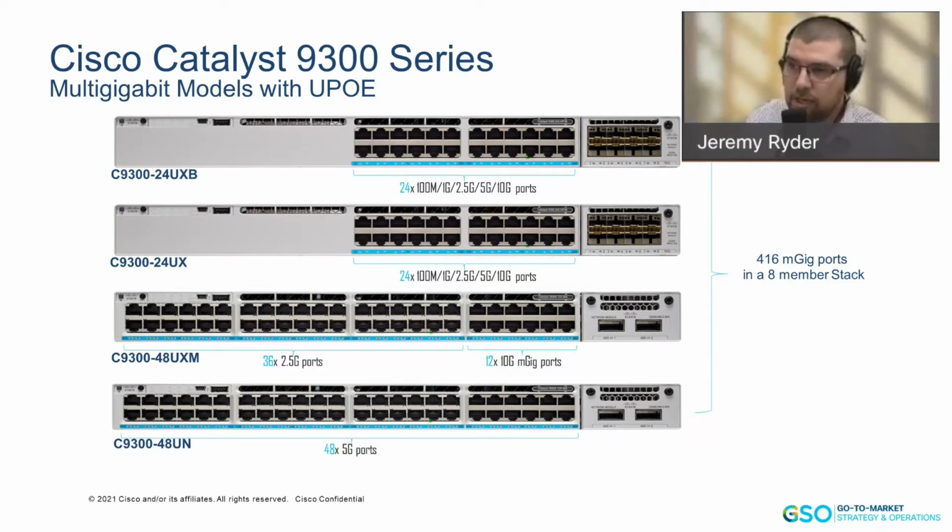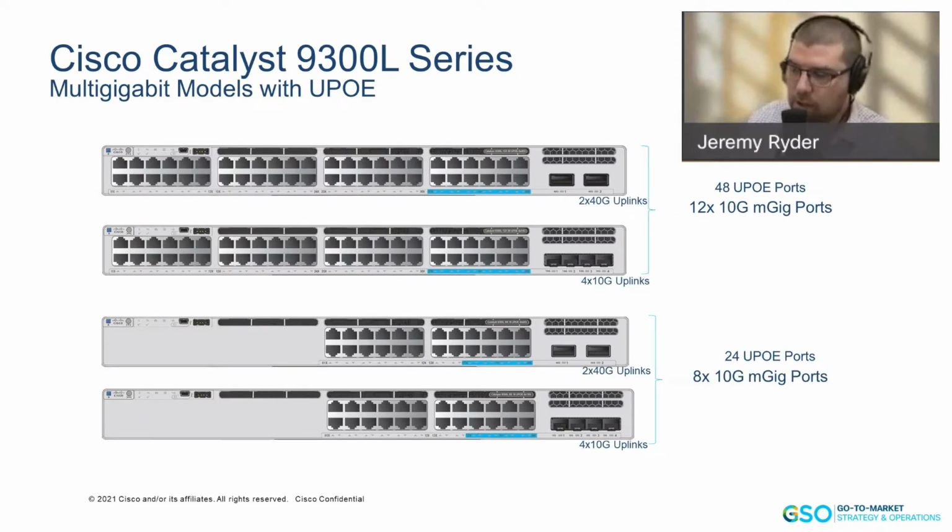Now, this is the 9300 switch. We also have some lesser switches in the hierarchy. So this is the 9300L. The only thing to be aware of when we're looking at these, and my team is always happy to walk through this with you, is that we generally end up with fewer mGig capable ports.